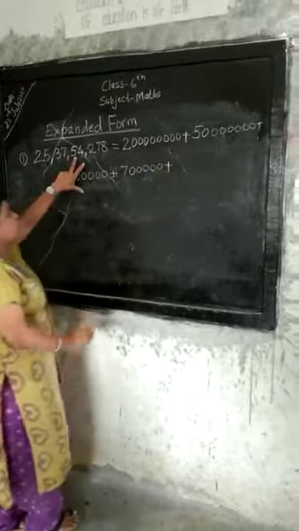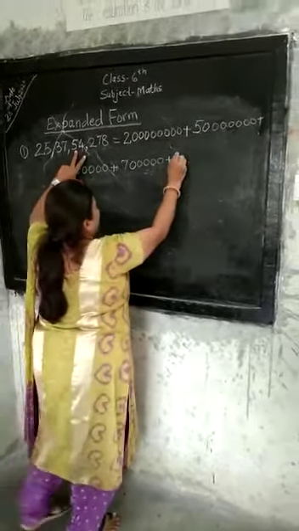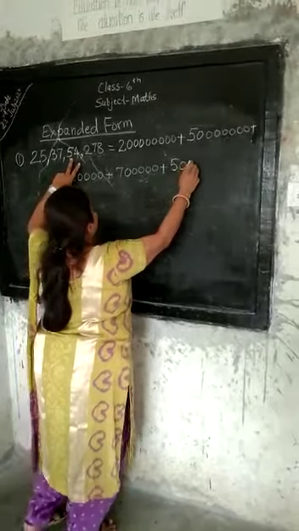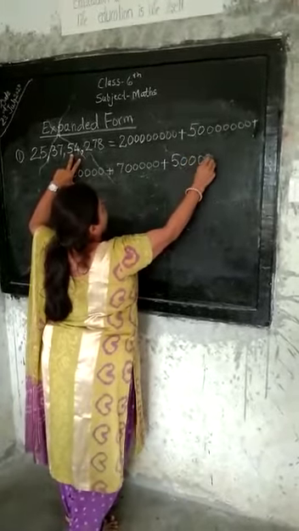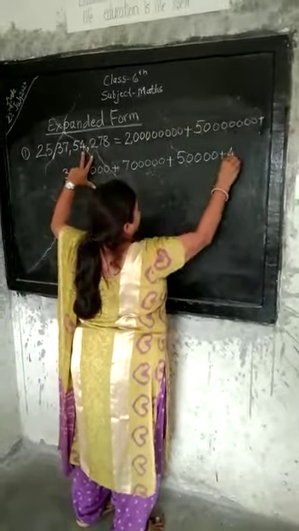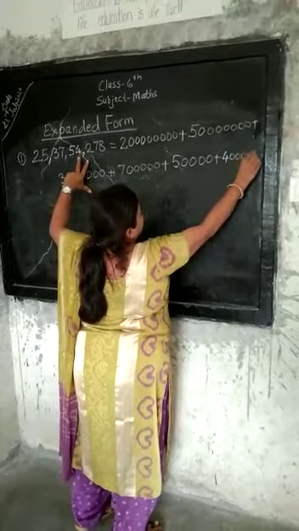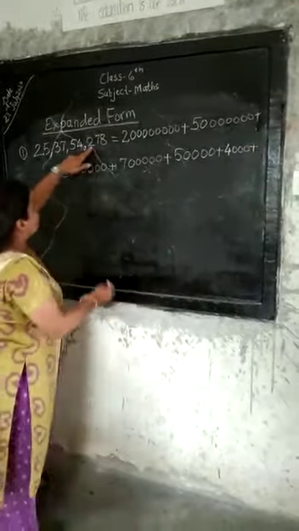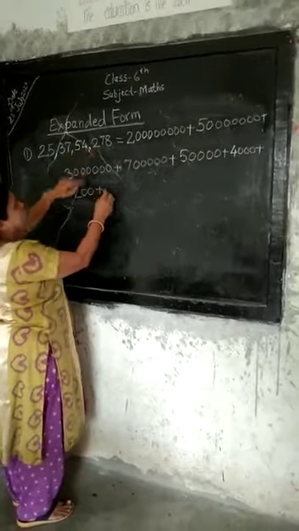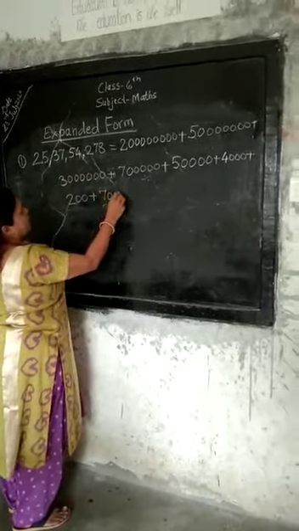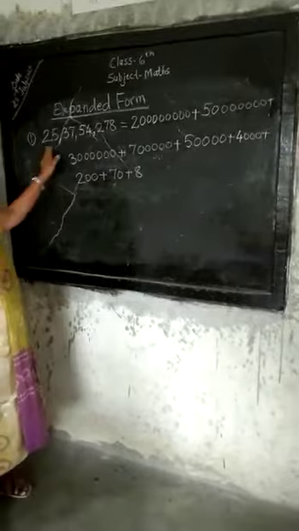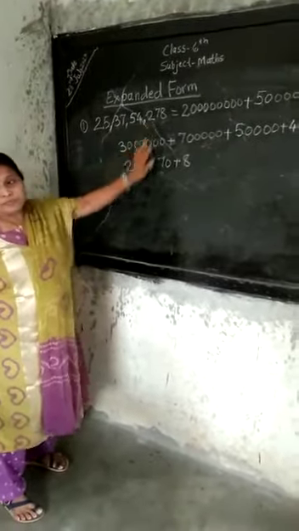Plus 5 is in the 1000 place... 50,000. Plus 4 is in the 1000 place. 4,000 is its place value. Then 2, its place value is 200. Plus 7's place value is 70. And 8's place value is 8. This is the expanded form of that number.